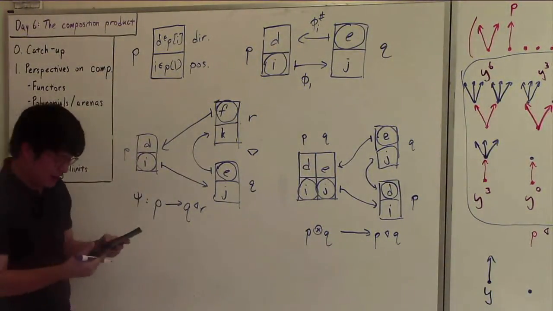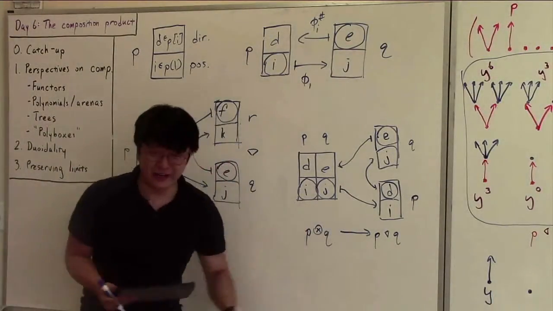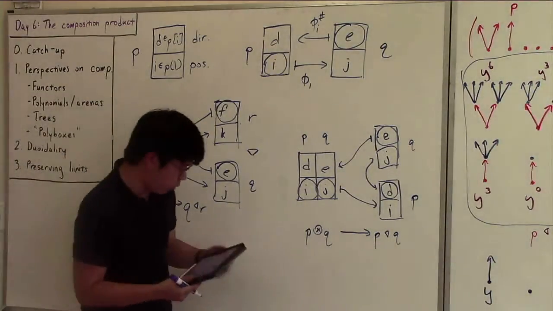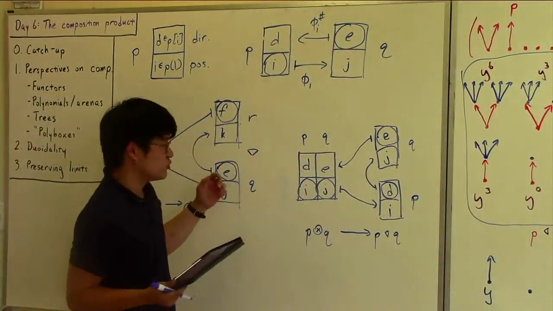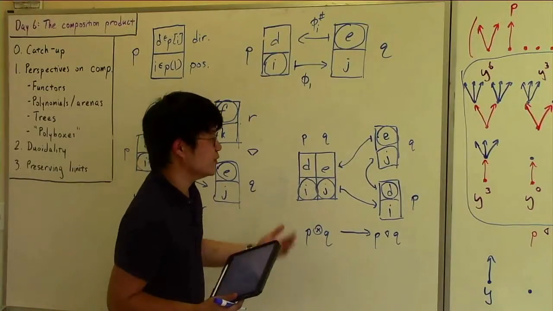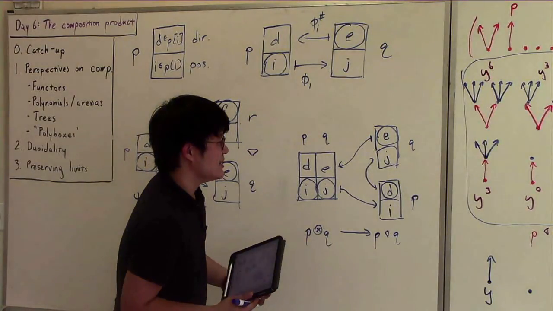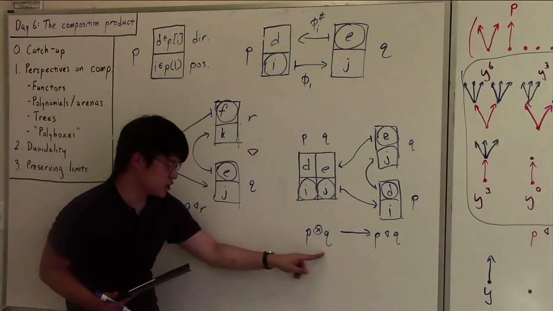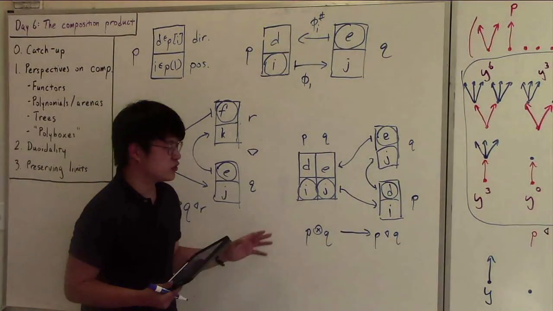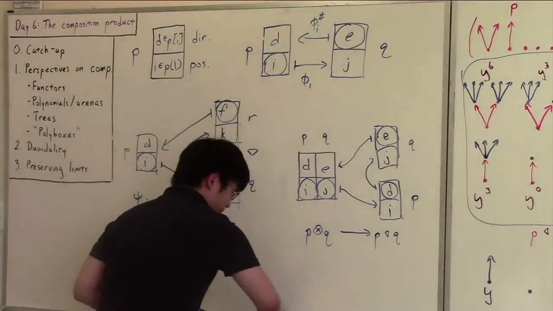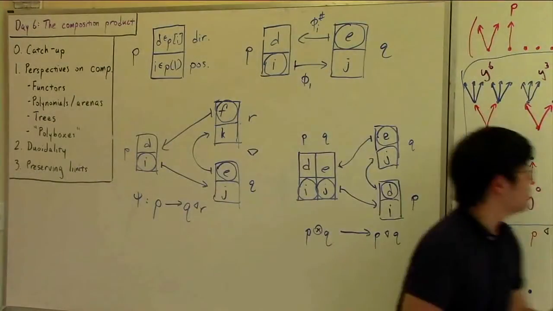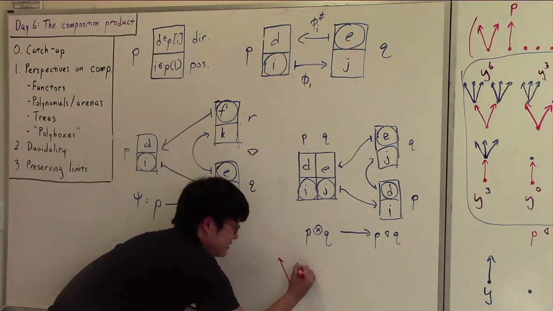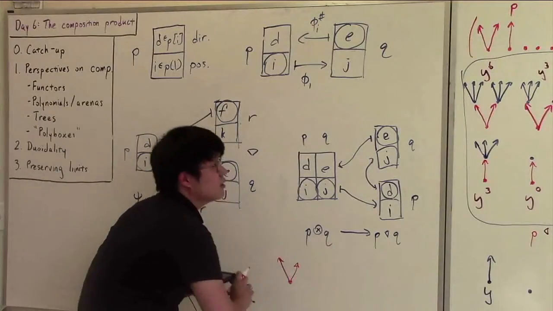So you can always get this map between any polynomials P and Q. And you can also think about what this does as trees. Because we can think of positions of P tensor Q as a tree, for example up there, a corolla of P, a position of P, and another corolla of Q. I'm just going to pick these two.